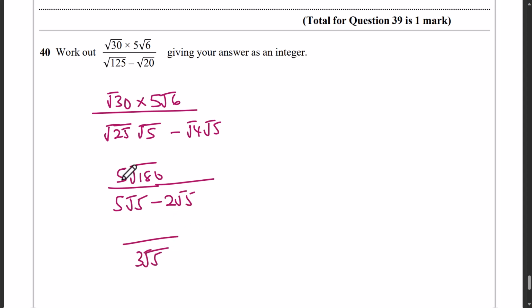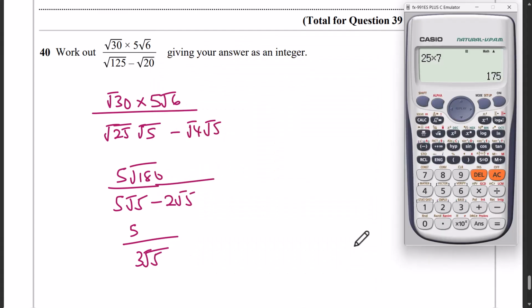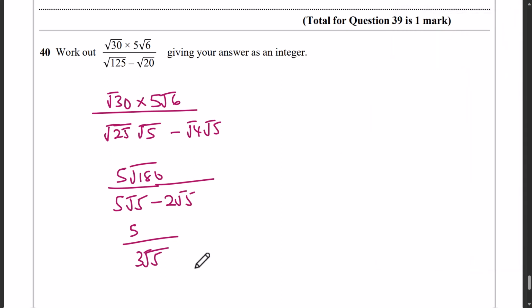But the top can also be simplified because 180 can be split as, let me just work it out here. 180 is 6 with 5, that's 36 times 5, okay?